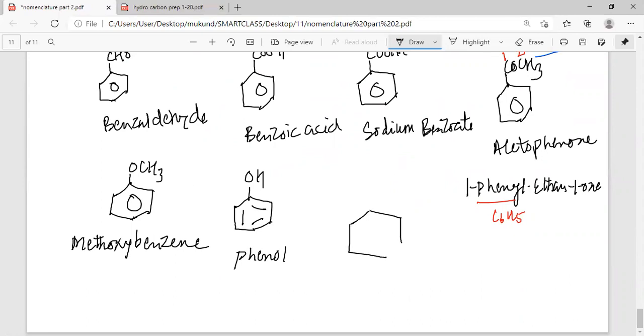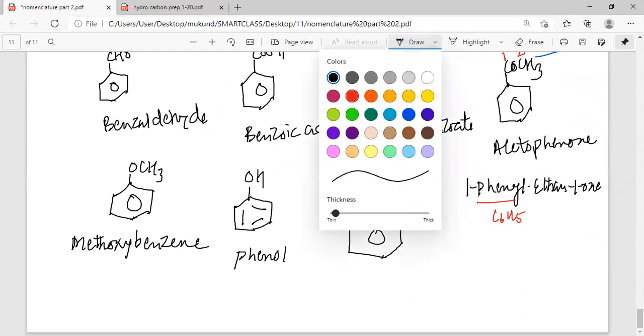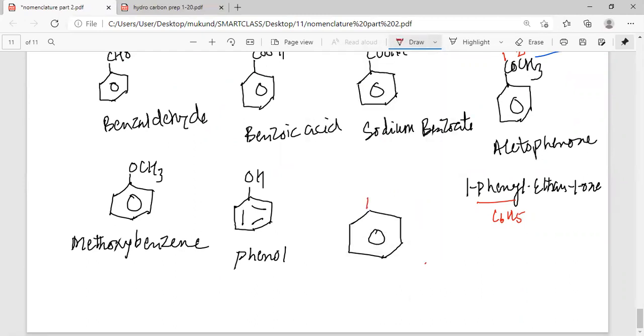Please remember, my dear students, that in benzene we have various positions. Let me tell you about the various positions in benzene. If we give numbers this way, 1 and 6 position is equal to 1 and 2 position. 1 and 3 position is equal to 1 and 5 position.